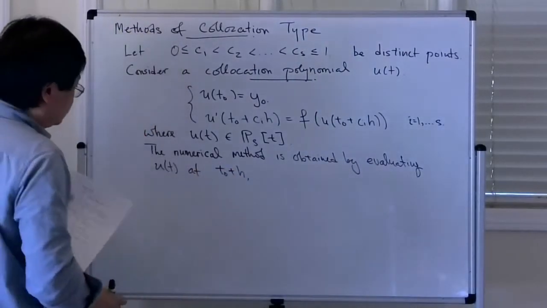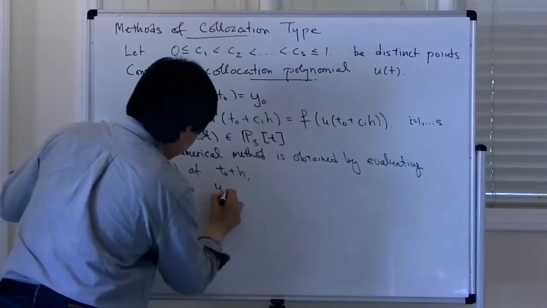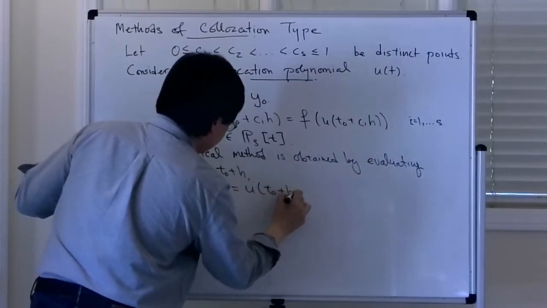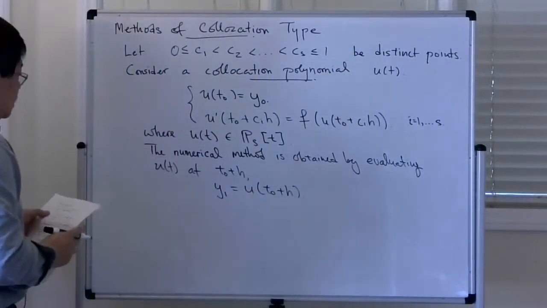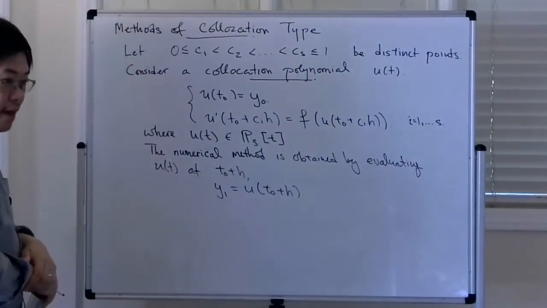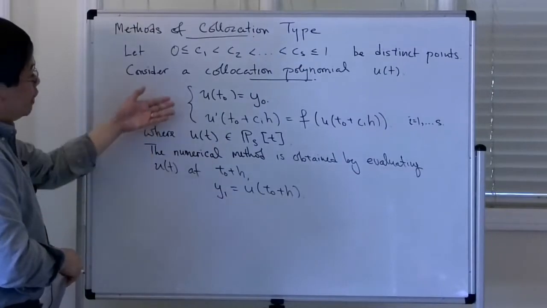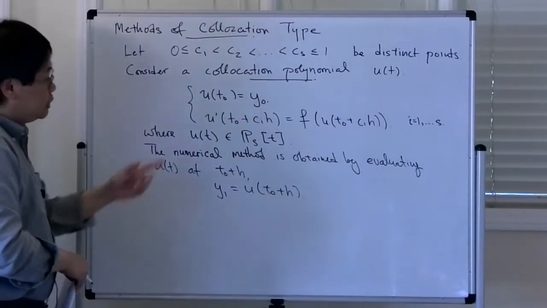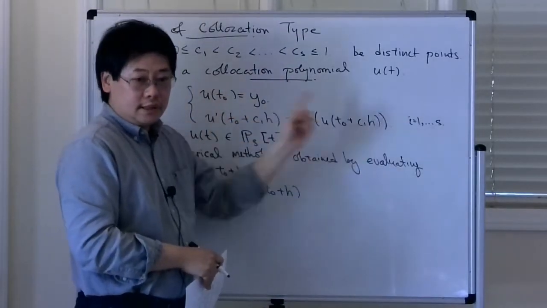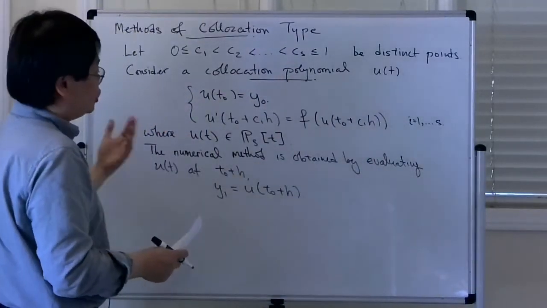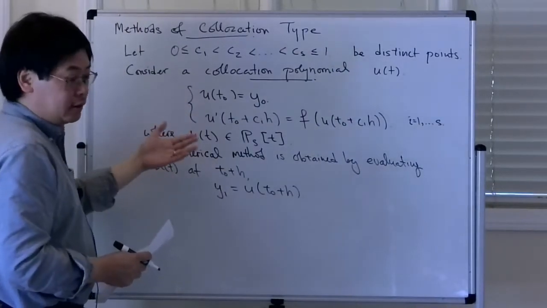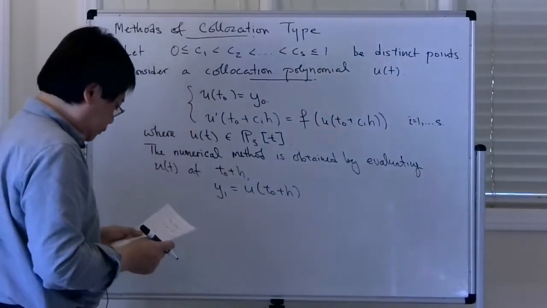So that's saying that y1 is equal to u(t0 plus h). Again, you can imagine this is a way of imposing the differential equation, but only at a discrete set of points, and you choose the number of points so that you have a unique polynomial which satisfies this.